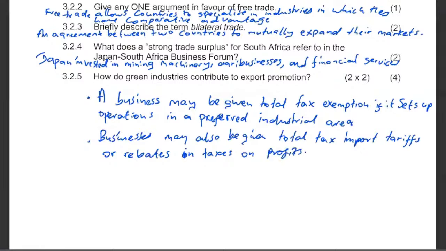Okay, right. We are saying that a business may be given total tax exemption if it sets up operations in a preferred industrial area. And also we are saying that businesses may also be given refunds on import tariffs or rebates in taxes on profits. Okay, right, grade 12s.